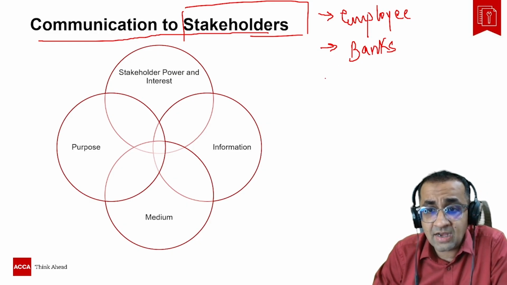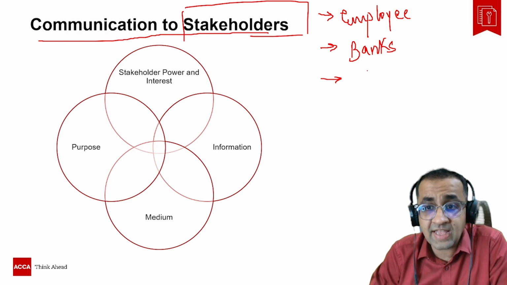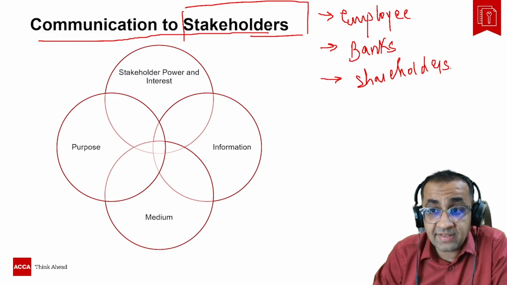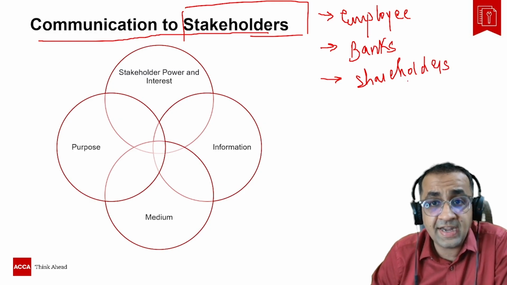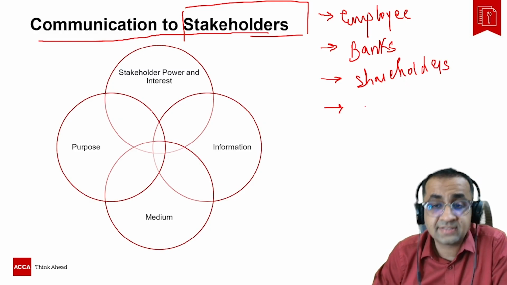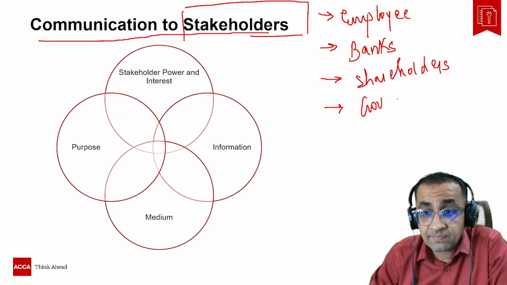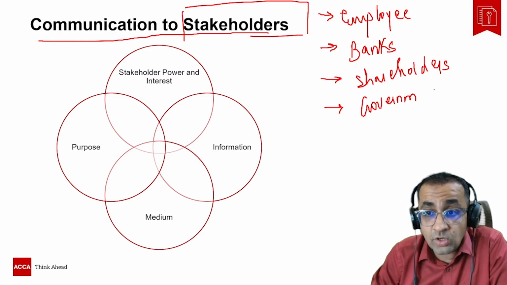And then another stakeholder is the shareholders. As we just discussed in the previous slide, the shareholders are looking at dividends, share price increases, etc. And then you have the government, who is also a key stakeholder in the organization.